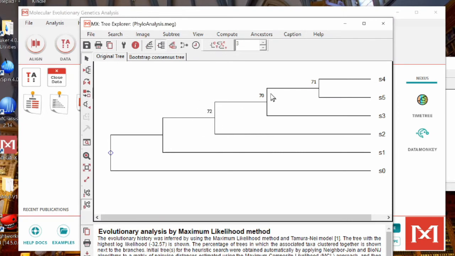Then the next branching is also supported statistically, 70%. Usually something above 50% in cladistics is considered reliable or acceptable bootstrapping.